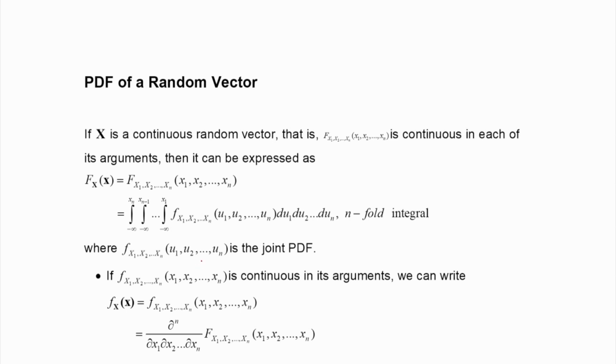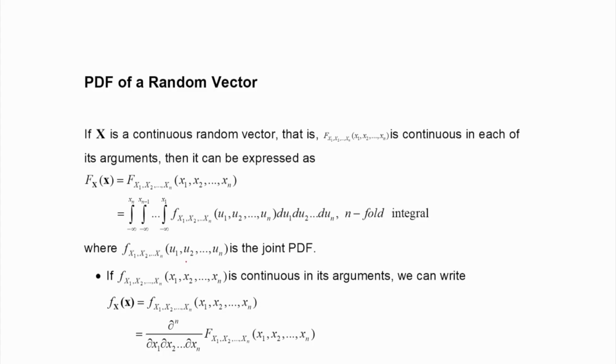Just like we have defined in the case of two dimensional random variable, in the case of n dimensional also we can define the joint density function with the help of this integral. So, the CDF can be expressed as the integral of the joint PDF from minus infinity up to the point x1, x2 up to xn.